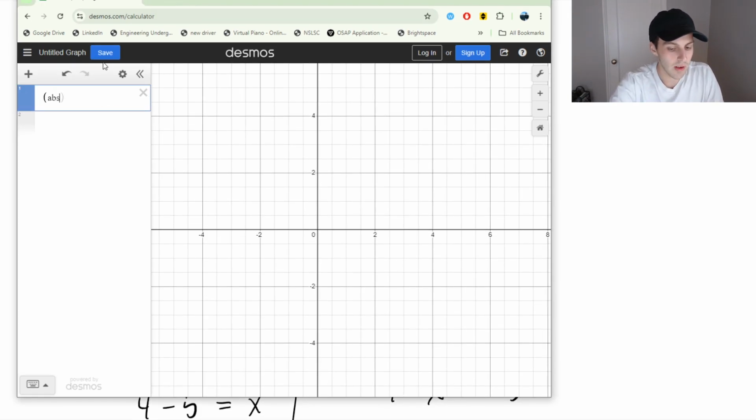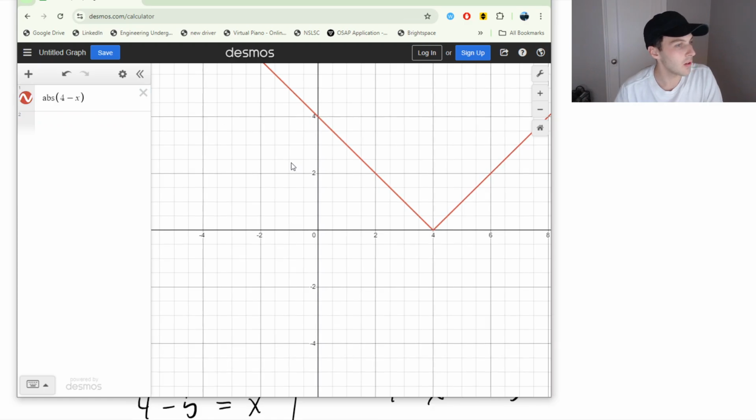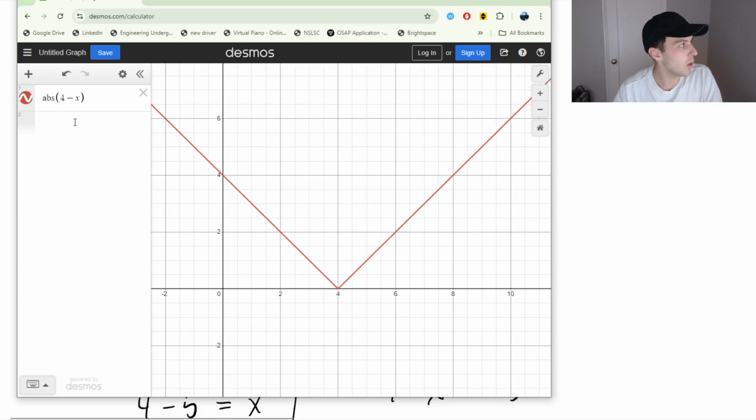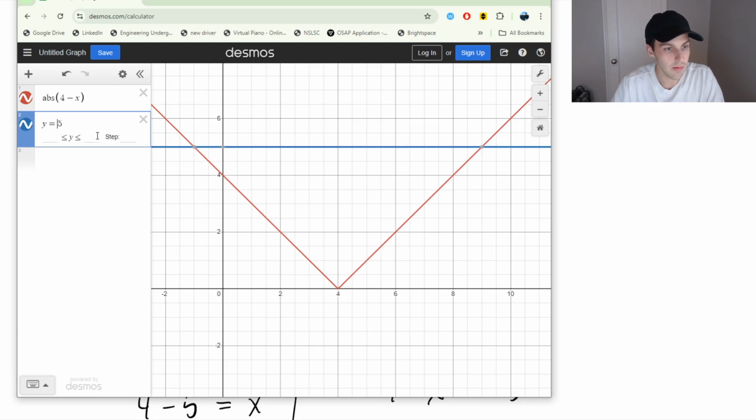It's just asking us what value of x. Let's do the absolute value of 4 minus x, we get this function here. And when does this equal 5? And specifically, y equals 5.